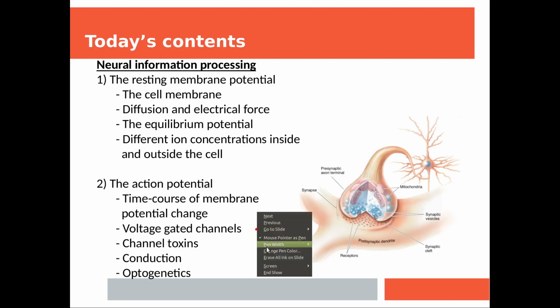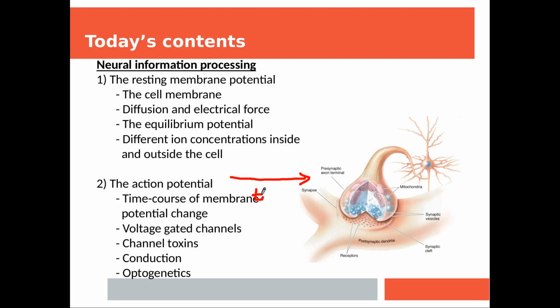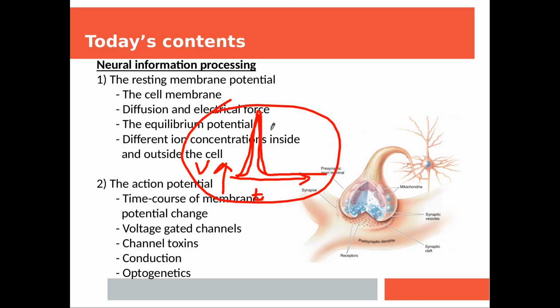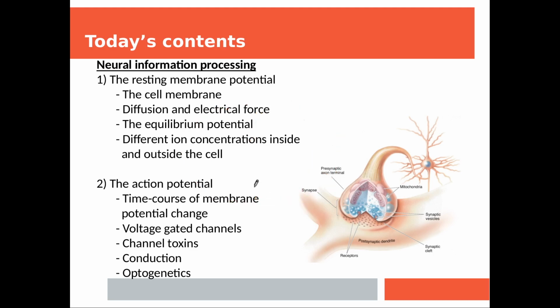If you have time going like this and the membrane potential V going like this, you get this shape where it changes very quickly. It goes up and then back down. That's why it's called a spike or an action potential. It looks kind of like a spike in the membrane potential. So that's the second thing I'll talk about: voltage-gated channels.